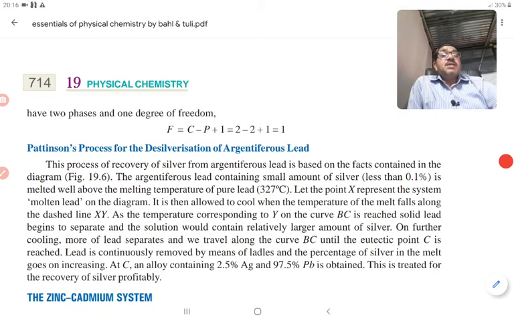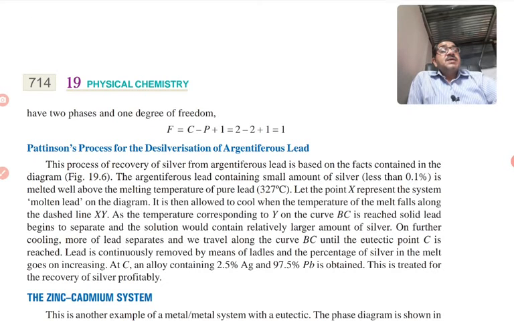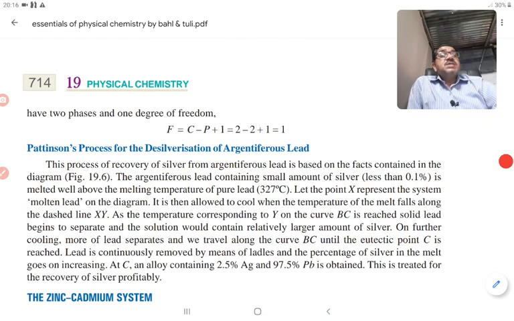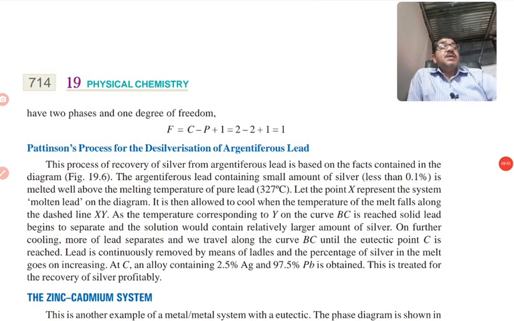Lead is continuously removed by means of ladles and the percentage of silver in the melt goes on increasing. At point C, an alloy containing 2.5% Ag and 97.5% Pb is obtained. This is then treated for the profitable recovery of silver.